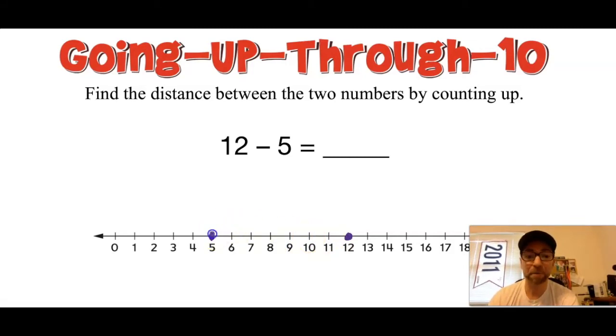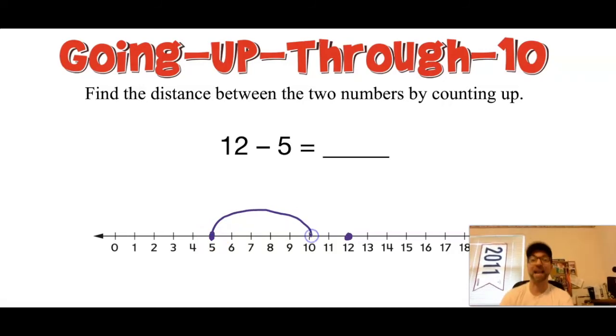So I'm going to go from 5, and I'm going to stop on my friendly number 10. Well, 5 plus 5. I didn't even have to count all those hops anymore. That's for first graders. 5 plus 5 equals 10.